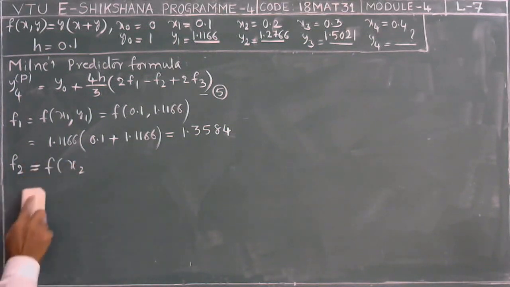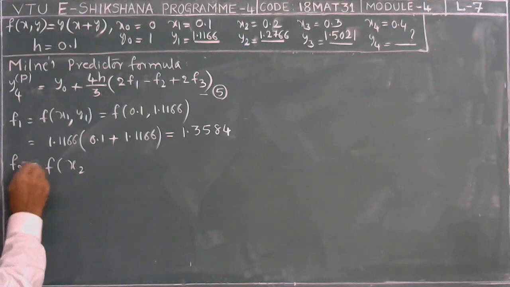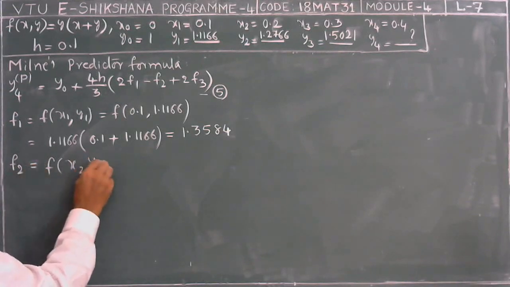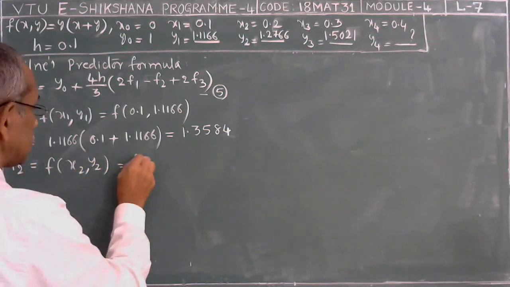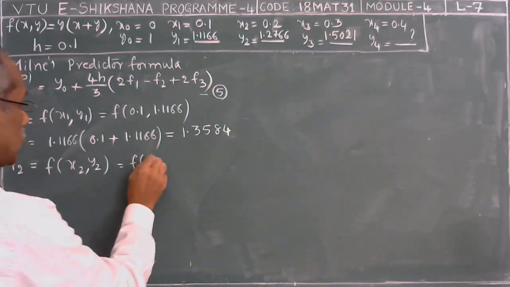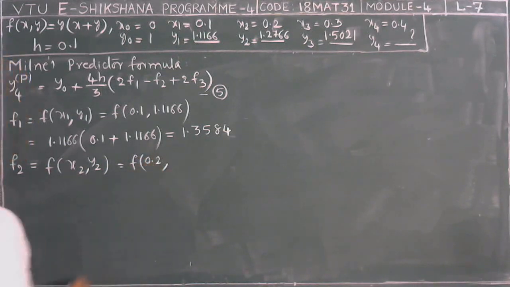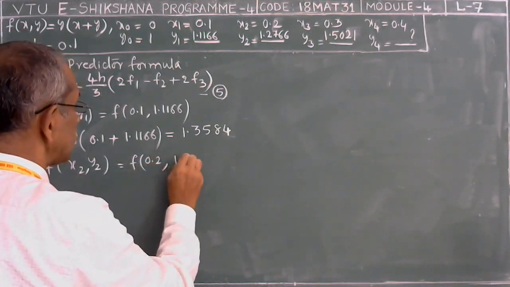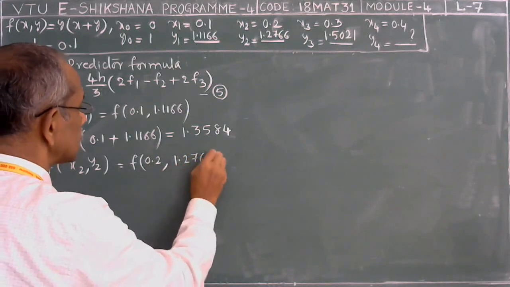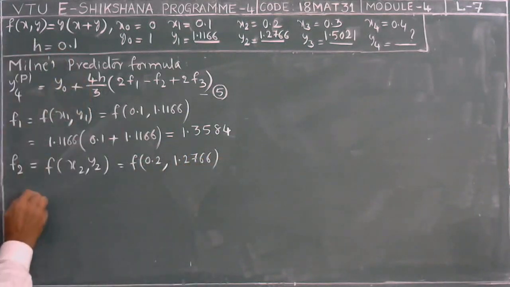Now similarly, f2 is f of x2 comma y2. x2 is 0.2, y2 is 1.2766. Apply the definition.